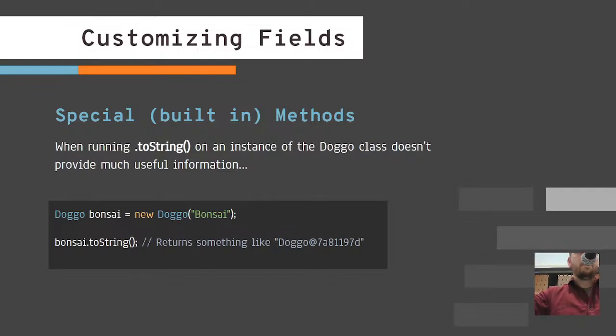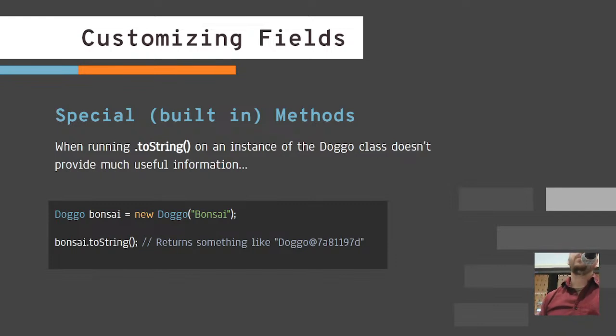That is what bonsai is. And if we were to do the other instance, another dog named bonsai, it would probably say Doggo at and then a different set of numbers. To Java, it doesn't see the fields and properties, it sees the location in memory. So if you ask whether this identical dog is the same as that identical dog, even though they live in different places in the computer's memory, Java's going to say, nope, I see that one lives there and that one lives over there. They're not the same.